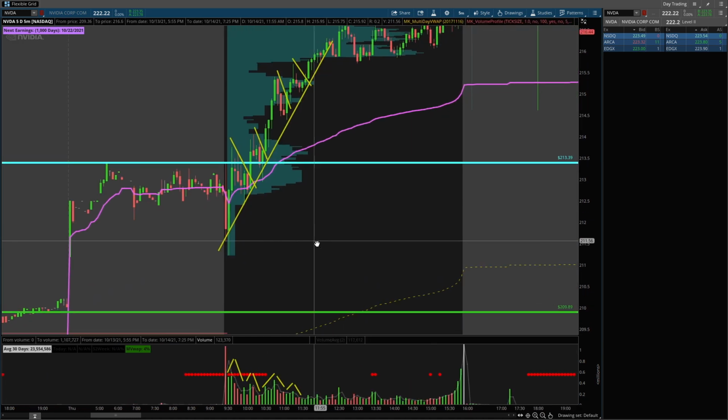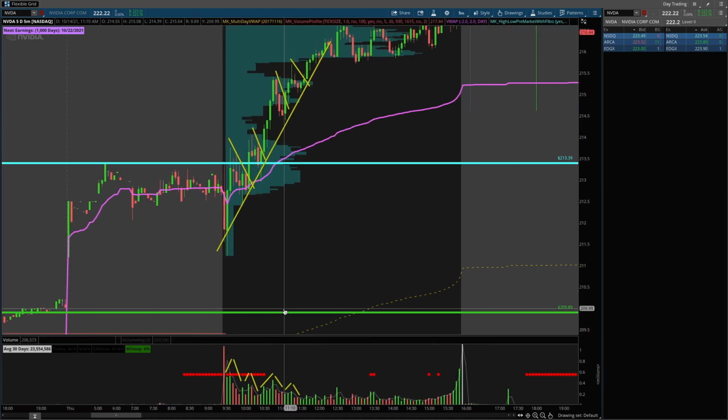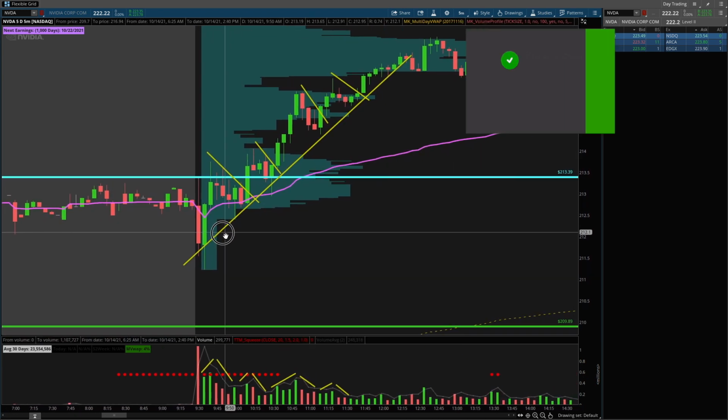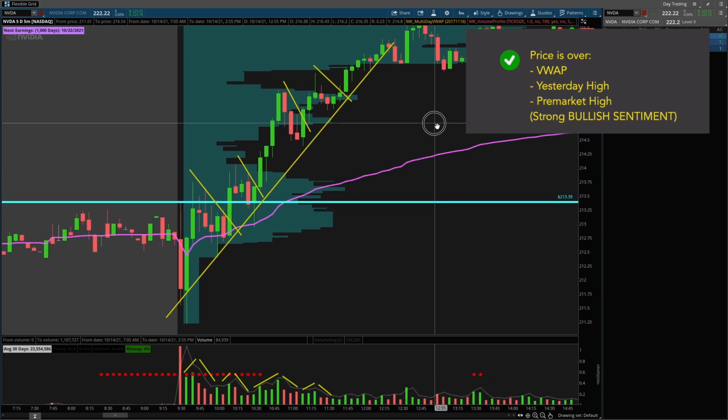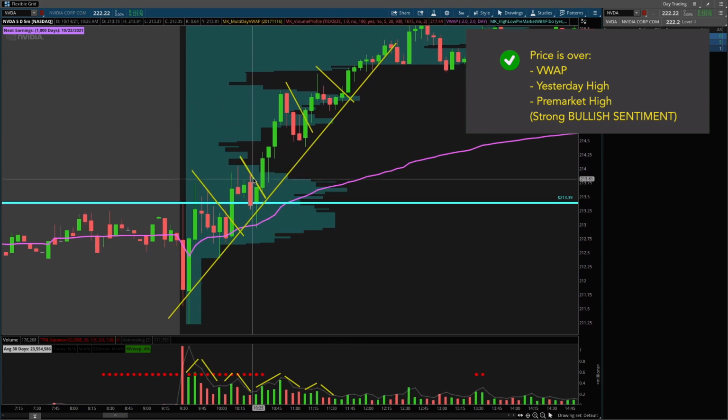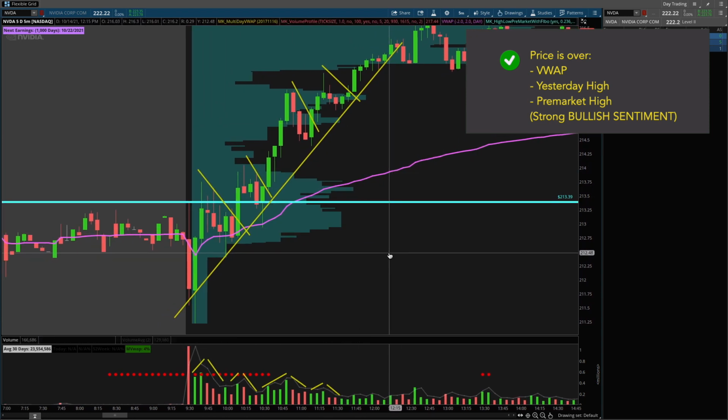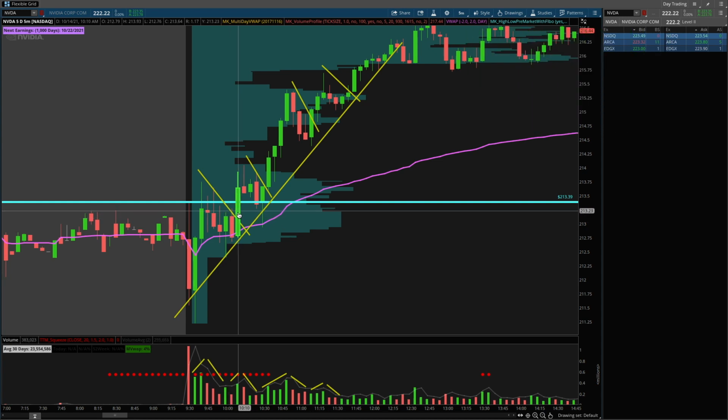Once the price is over VWAP, yesterday's high and the pre-market high, my sentiment is a strong uptrend. Then I start trading bull flags because it's going to be a heaven for bull flags most of the time. As you can see, there are 4 bull flags in a row here. I traded 2 of them in the middle.